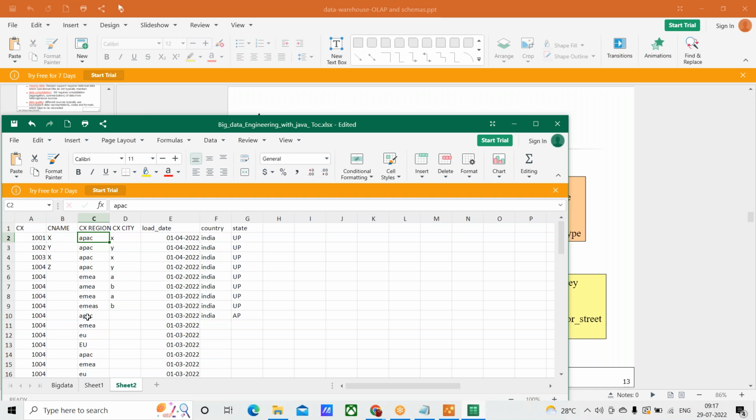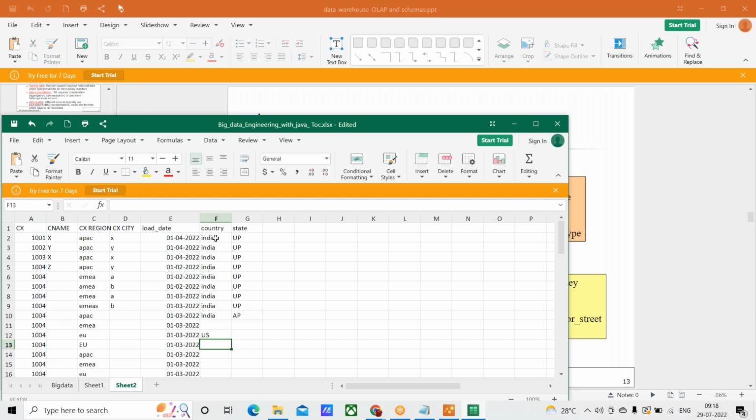Let's say world population is some 2 billion. For all the 2 billion records, only these 5 values will repeat. That is called redundancy. And similarly, country: all 100 million people of India will have India as their country. So India will repeat 100 million times. And similarly, if America has some 50 million people, then all 50 million records will have US as their country.